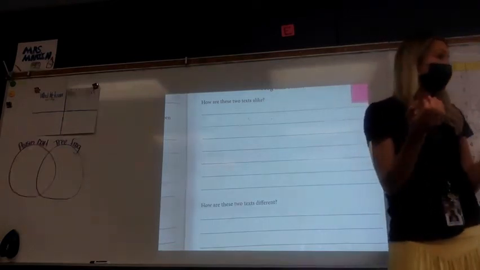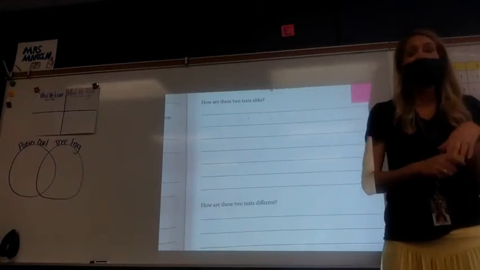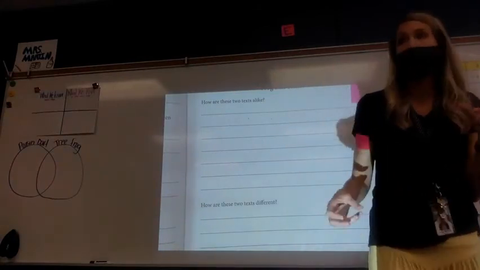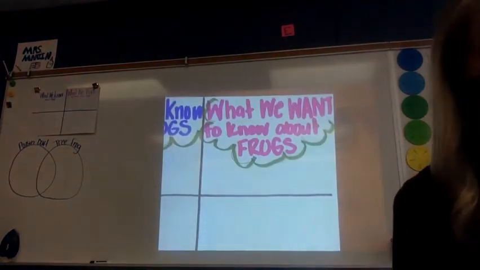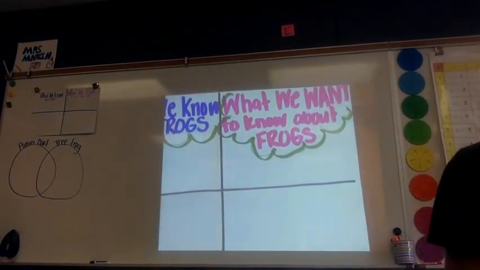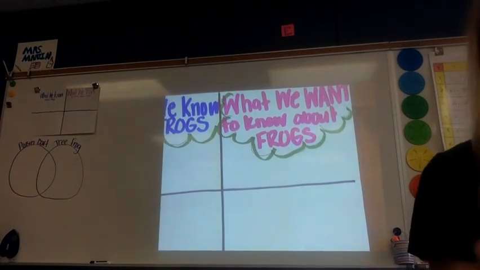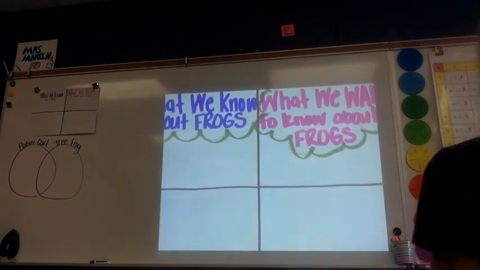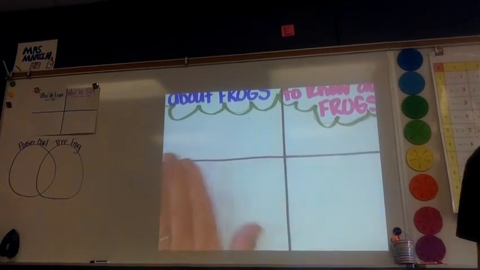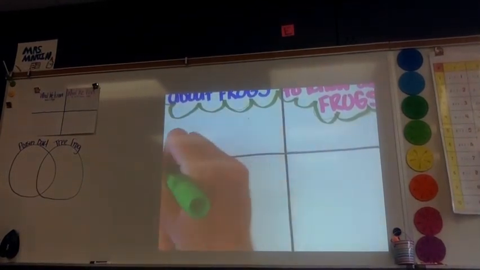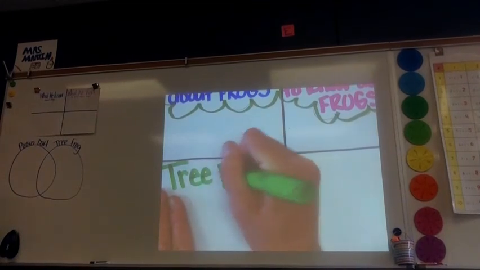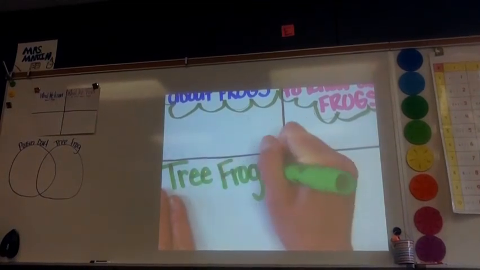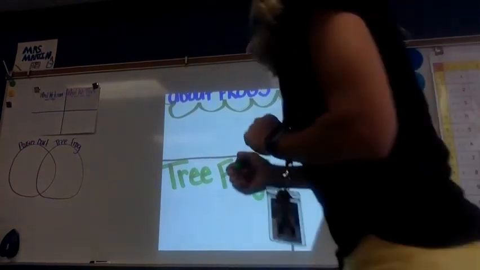We have a lot to get done today, so we need to start reading. Before we begin reading, we can close this up for now and put it away. We have this in front of us, and we're going to add to it. The first thing we are going to add, under the next section, is tree frogs.